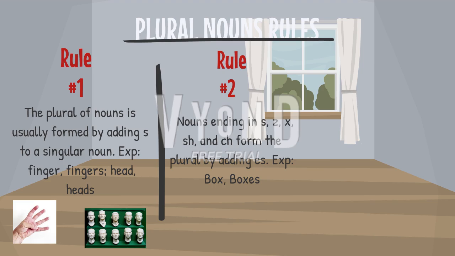Nouns ending in s, z, x, sh, and ch form the plural by adding es. For example, echo, echoes, box, boxes. Special note: if you add s to nouns such as fox, bush, and bench, you'll find that you cannot pronounce them without making an additional syllable. This is why such nouns form the plural by adding es.